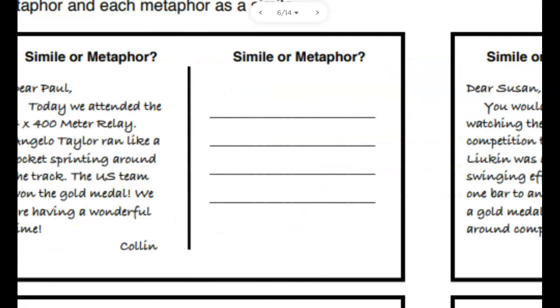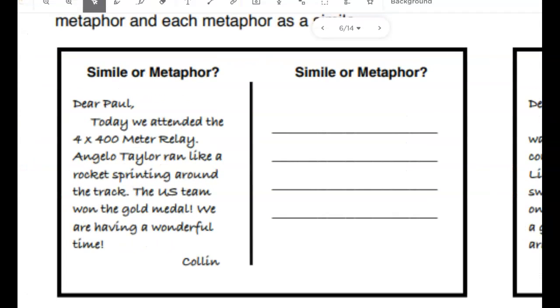Make sure you can see the whole thing. There you go. It says, Dear Paul, today we attended the 4x400 meter relay. Angelo Taylor ran like a rocket, sprinting around the track. The U.S. team won the gold medal. We are having a wonderful time.